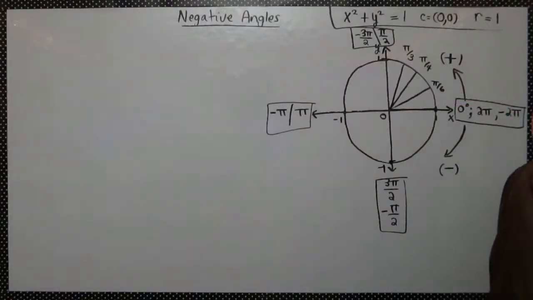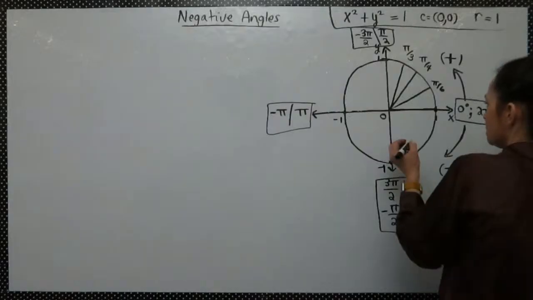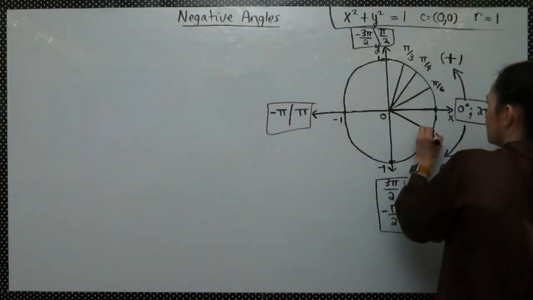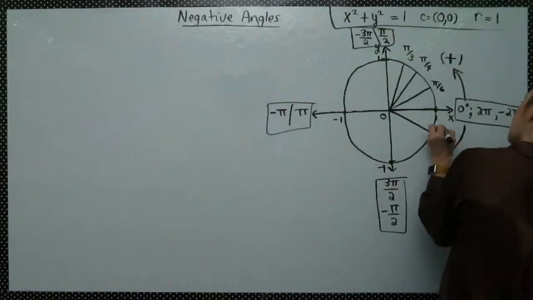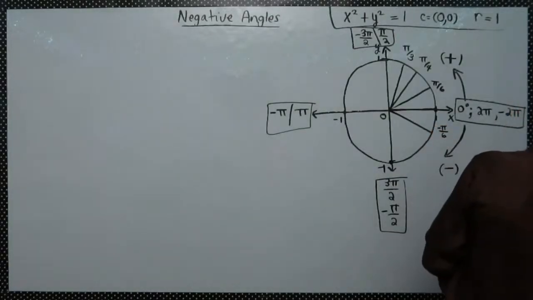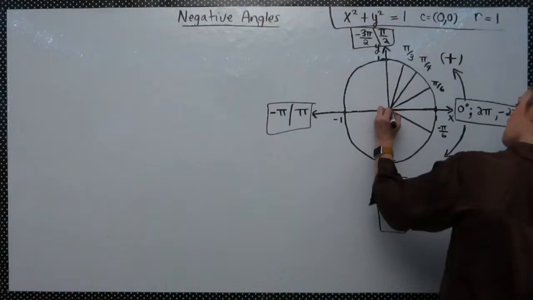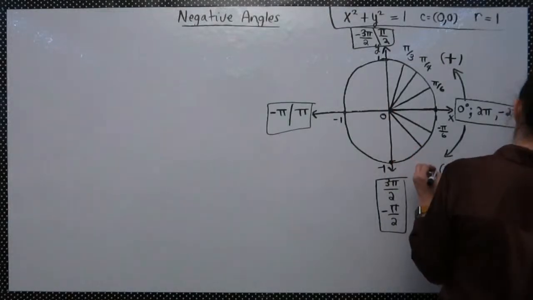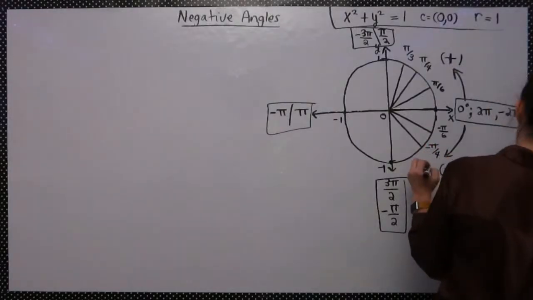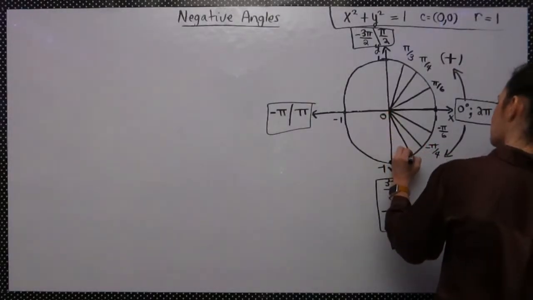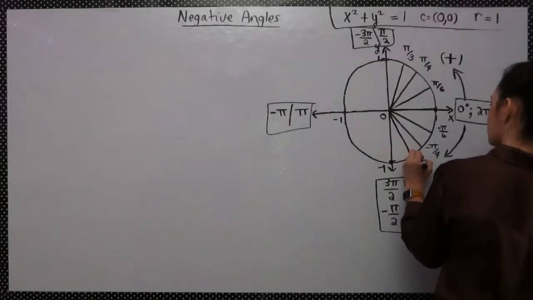And then similarly, inversely, this value right here, as you would suspect, becomes negative pi over 6. This value here is going to be negative pi over 4. And then you've got one more value here. This is going to be negative pi over 3.